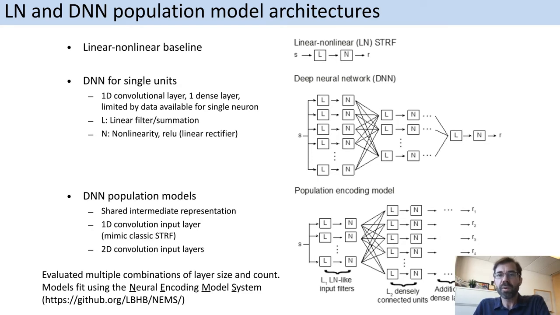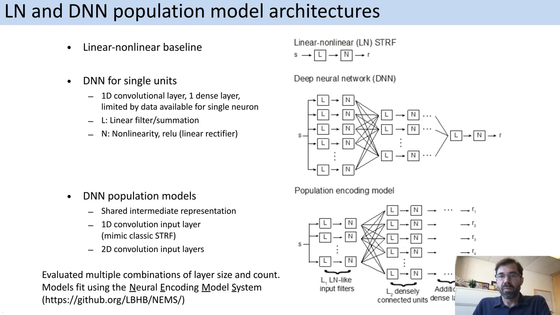And we used two different architectures for the input layers. What we call the 1D convolution was mimicking the classic STRF model, the filters that I discussed already at the input. And then we also used a 2D convolution, which is more analogous to the models that have been used in the visual system and auditory system previously. So we evaluated a large number of models that varied in the size and number of layers.